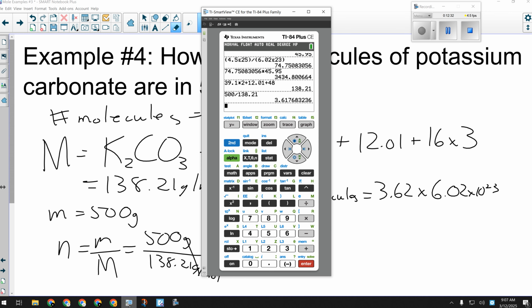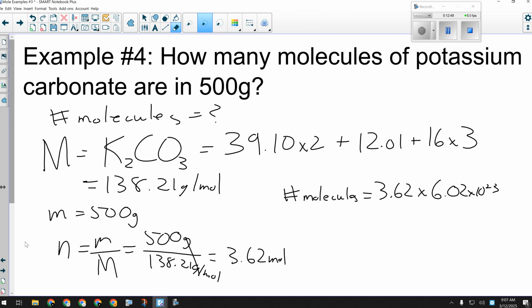Grab that number, or put it in the memory, and then 6.02 E23. So we have 2.18 times 10 to the 24 molecules.